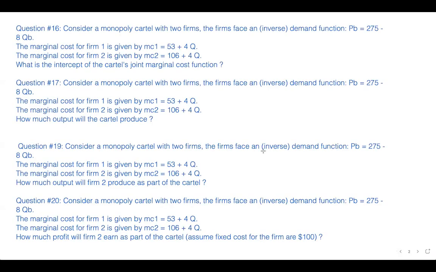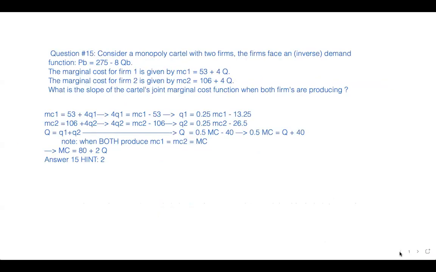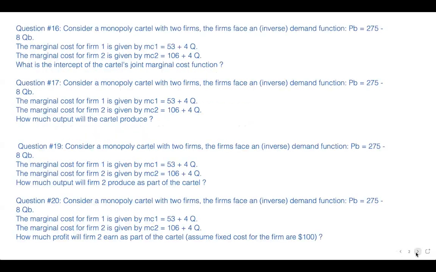Okay, so let's go ahead and take a look. So 53 and 106Q. We know, and let's go ahead and graph all three of these functions. The thing that's nice about this particular example is we know that for the individual marginal cost functions, they're going to have exactly the same slope.